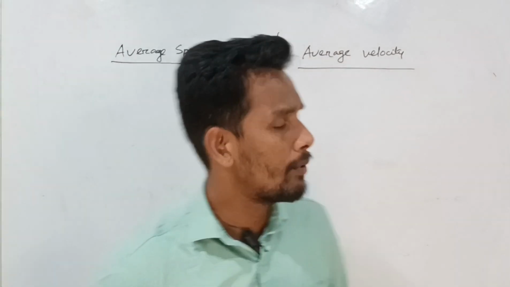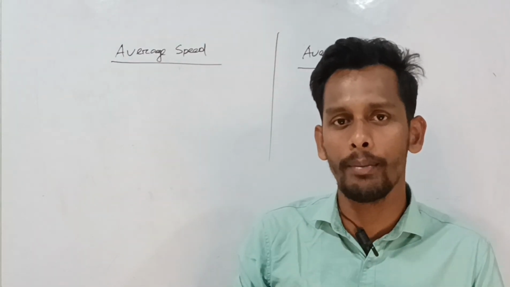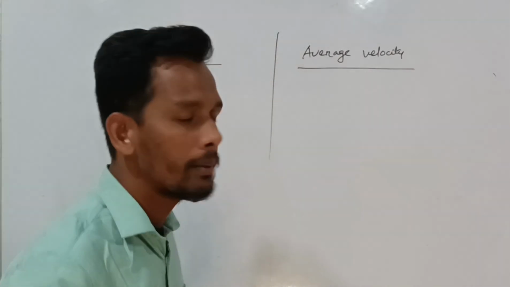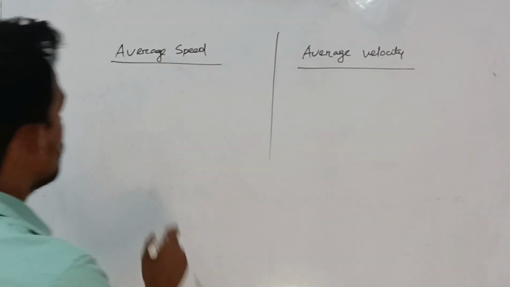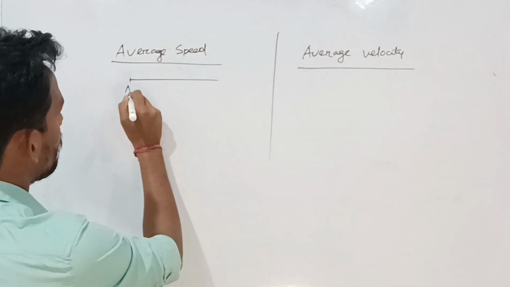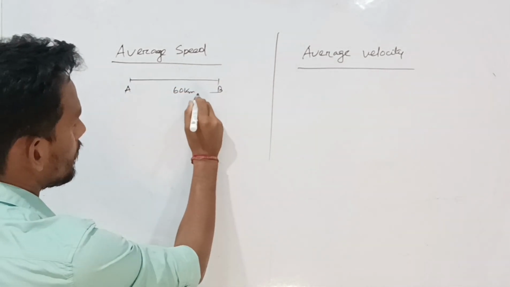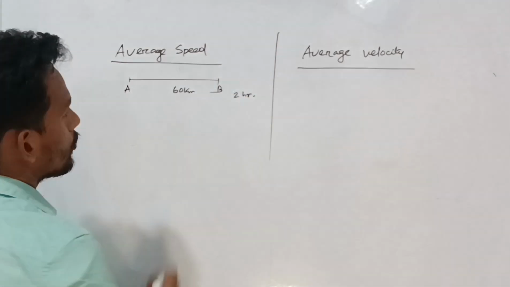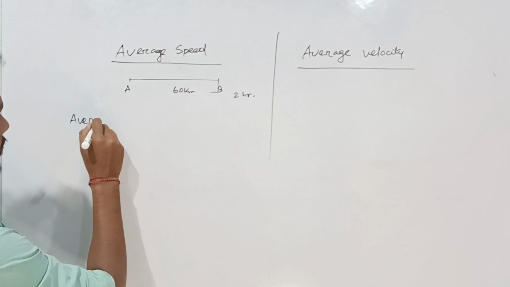Now someone asks you how much speed you are traveling at. You will say approximately this speed. That is the average speed. Suppose you have completed 60 km in 2 hours.